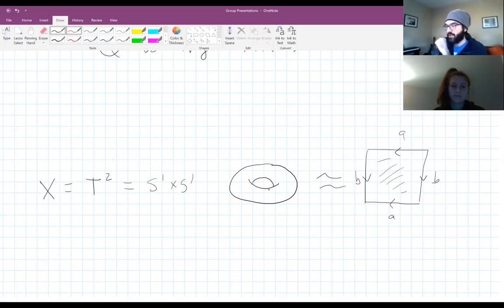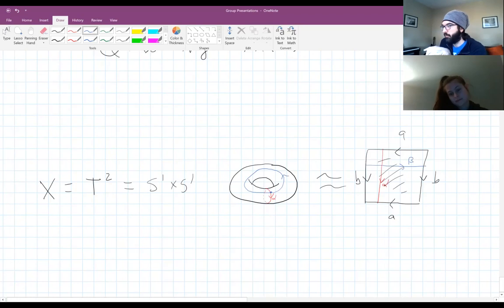Imagine a loop going this way, so that would correspond to a vertical loop. And imagine a loop going this way, so right here the intersection is going to be their common base point. This would correspond to a horizontal loop. I actually labeled these badly. I meant the A's and alphas to match up, but whatever.